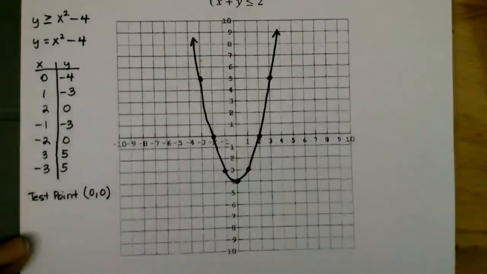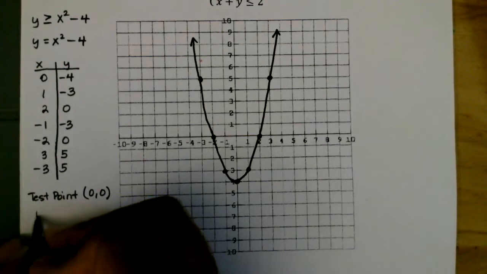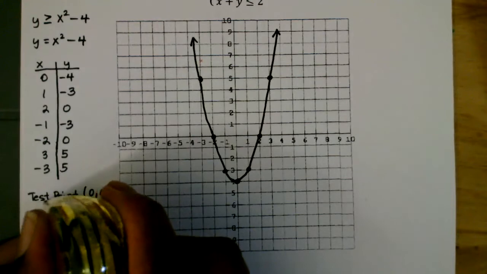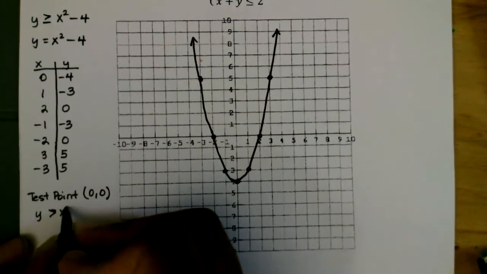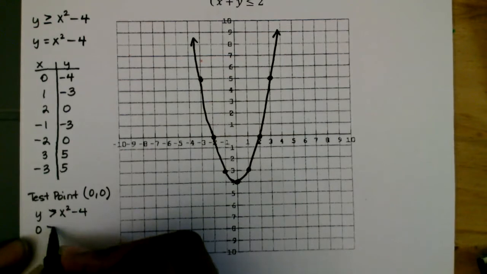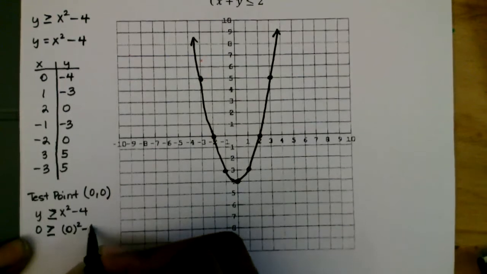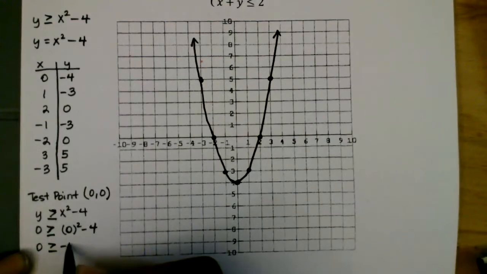Your test point will be 0, 0. So here, using this equation, y is greater than or equal to x squared minus 4. Substitute 0 in for y, so 0 is greater than or equal to x is 0, that's squared, minus 4. 0 squared is 0, minus 4 will be negative 4.